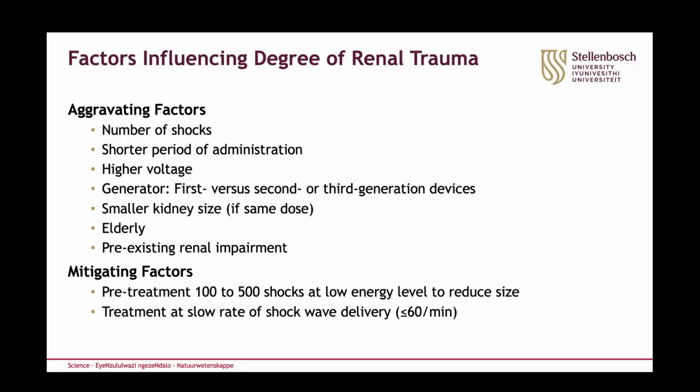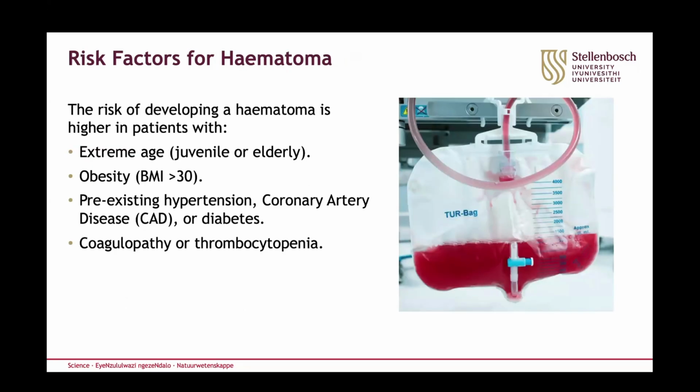Also, a small kidney, or applying the same dose in elderly patients or patients with pre-existing renal impairment. Your mitigating factors could be a pre-treatment shock administration of between 100 and 500 shocks at a low energy, and treatment at a low rate of shocks delivered, approximately 60 to 90 shocks per minute.